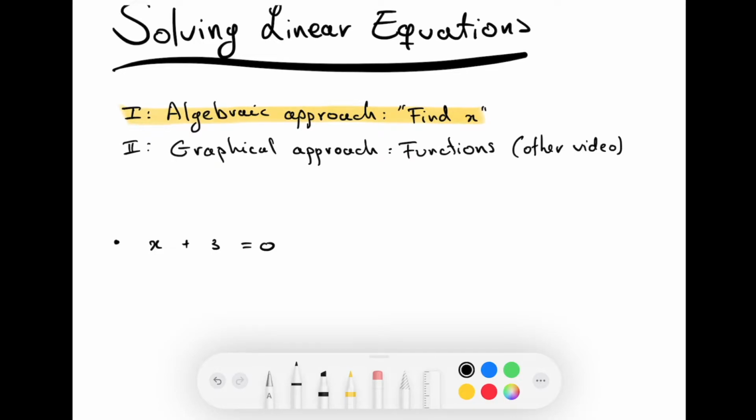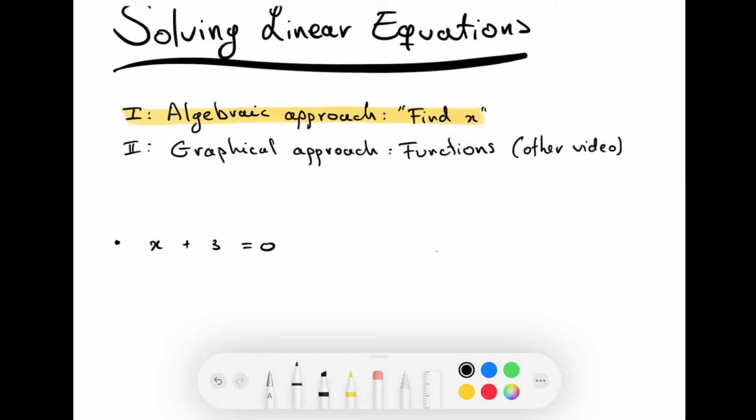Basically, it asks, what does x have to be in order for this equation to be true? Here we see very easily that x has to be minus 3, because then we get minus 3 plus 3, which is indeed equal to 0. So in this case, x is minus 3 is the obvious answer.